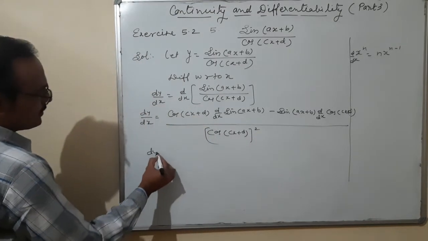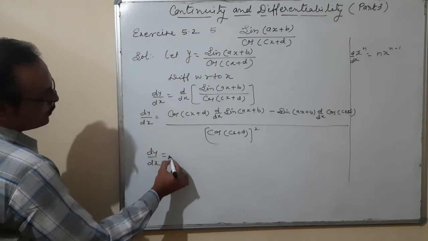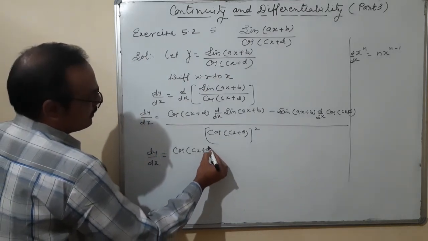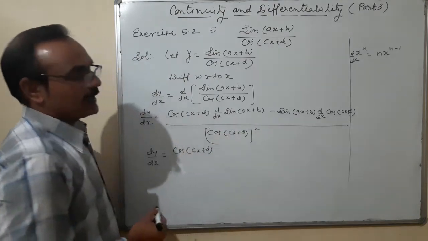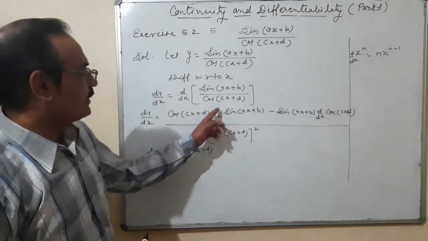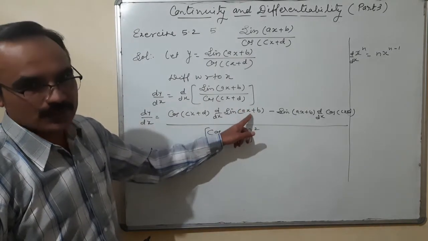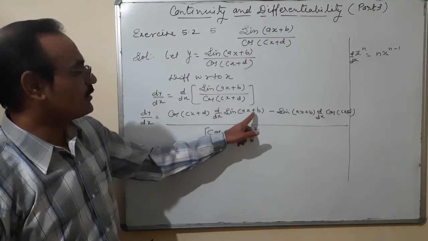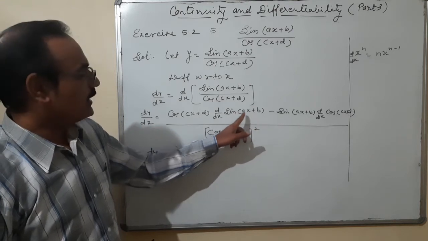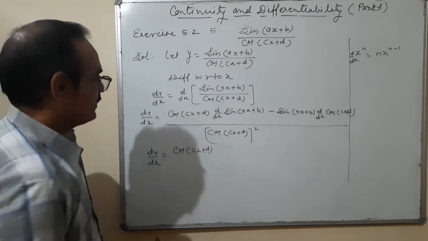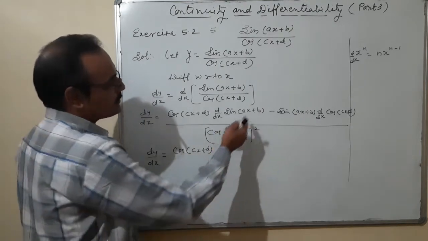So it means dy by dx is equal to cos(cx plus d) times differentiation of sin(ax plus b). Here we have to use the chain rule also. Again we take ax plus b equal to t. So differentiation of sin t is cos t, and the differentiation of ax is a.